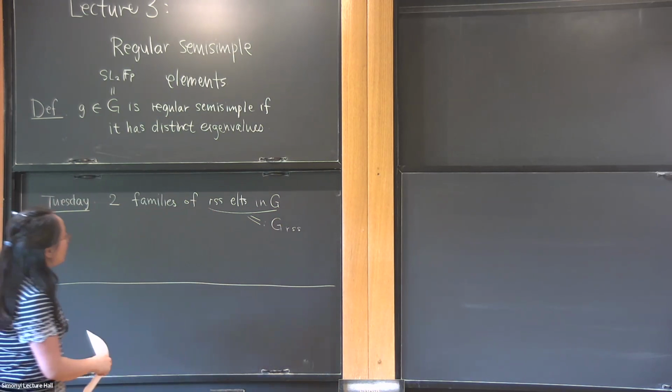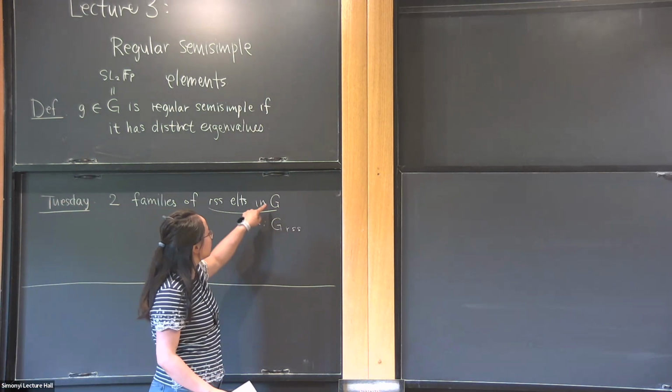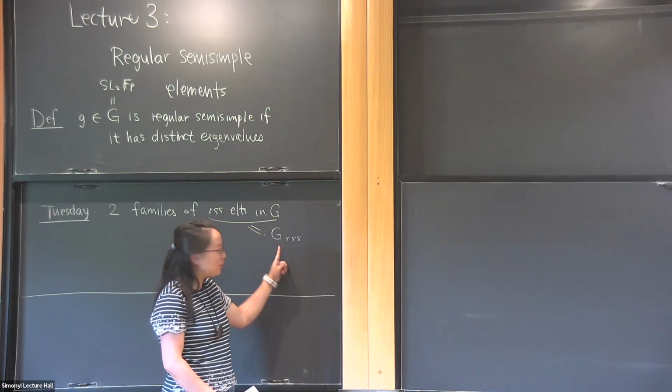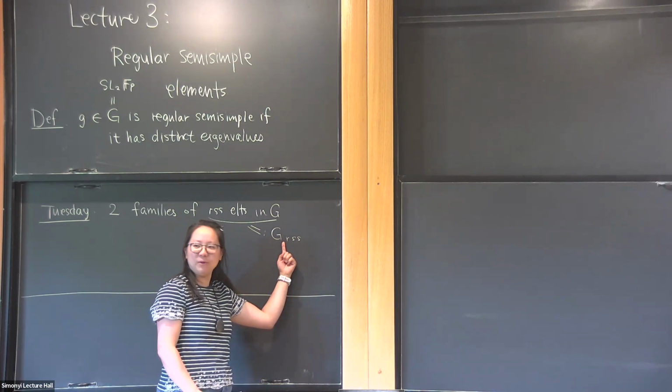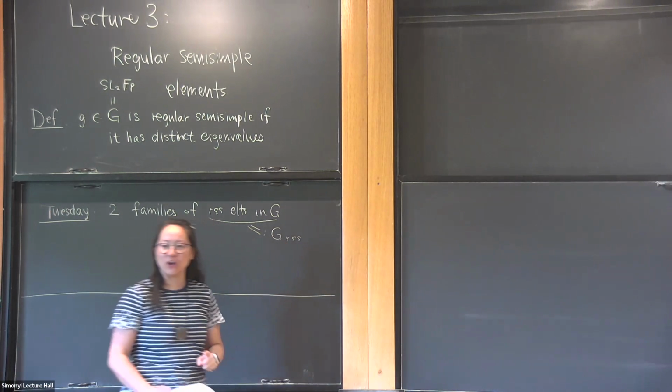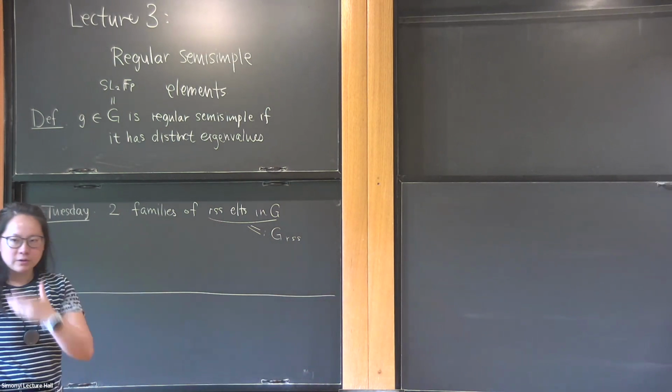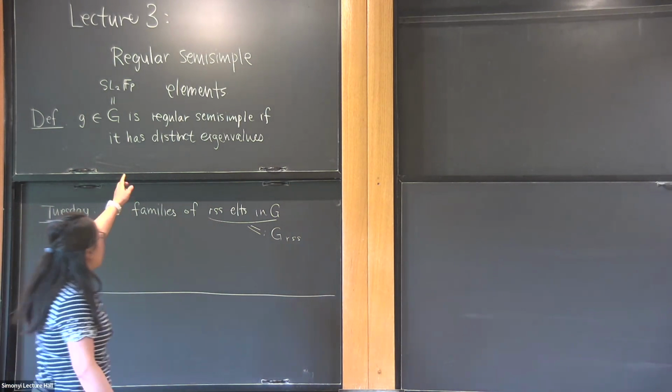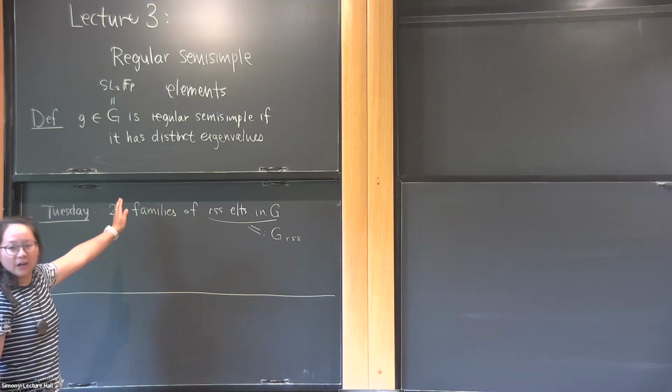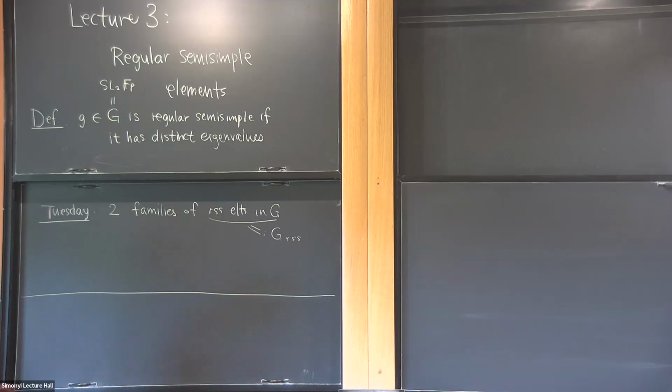And later on, we'll also have the complement of this, stuff in G that's not regular semisimple. An N will appear before the RSS, and N stands for not. It's automatically diagonalizable over the algebraic closure.